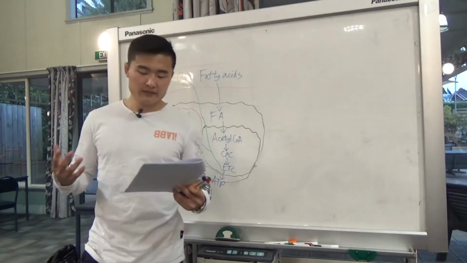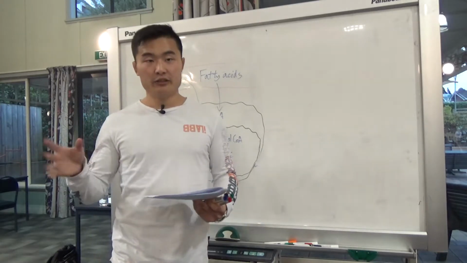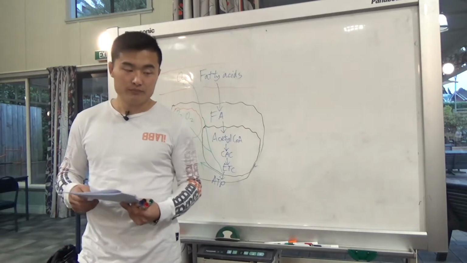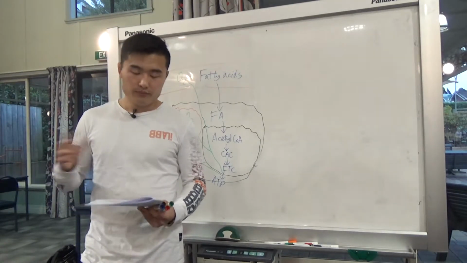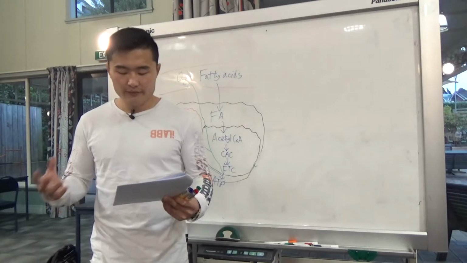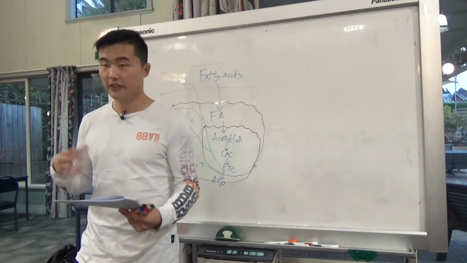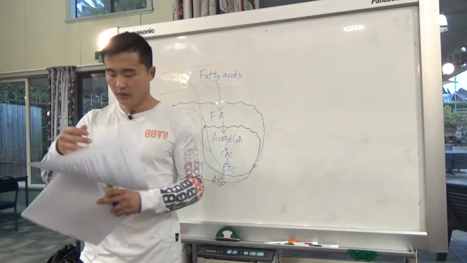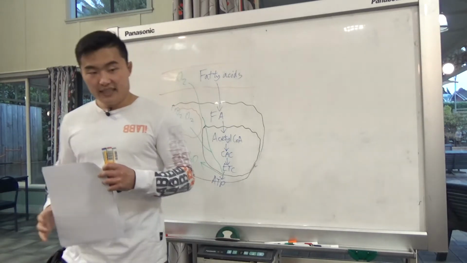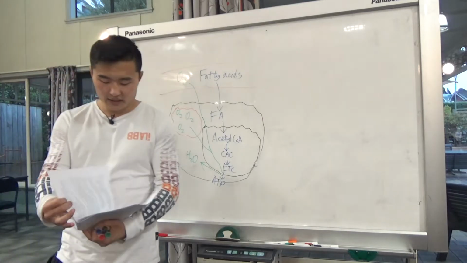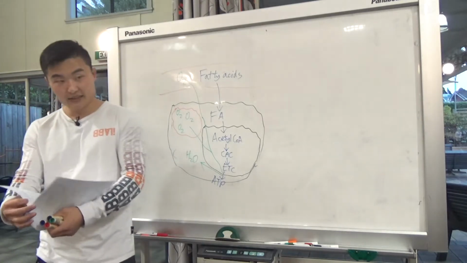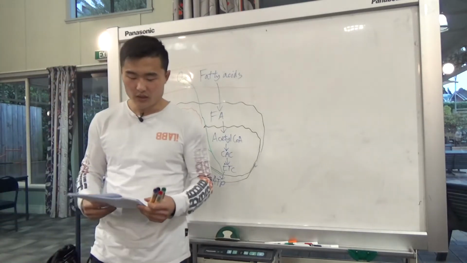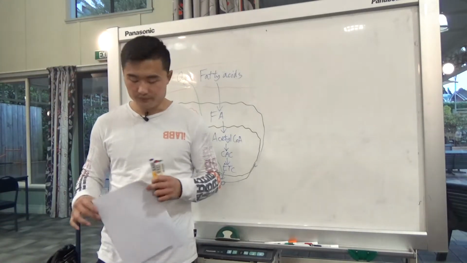Your blood glucose levels can get up to 10 or 11, that's okay, but they should come back down to 5 millimoles per liter if you haven't eaten for a while. Okay. So on the next page, the treatment for type 1 diabetes, what would you give them? Yep, insulin. So they're going to be insulin injections.